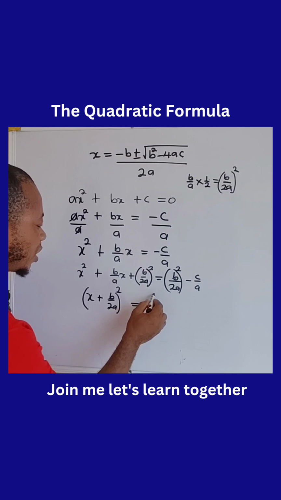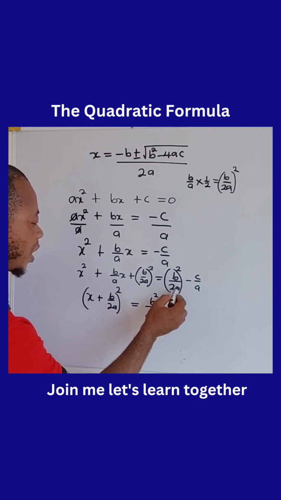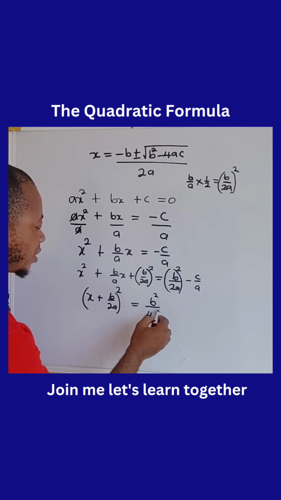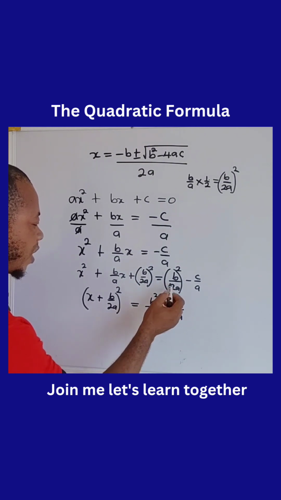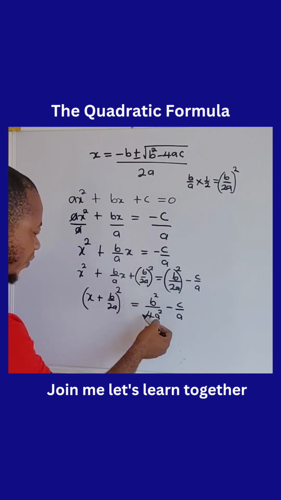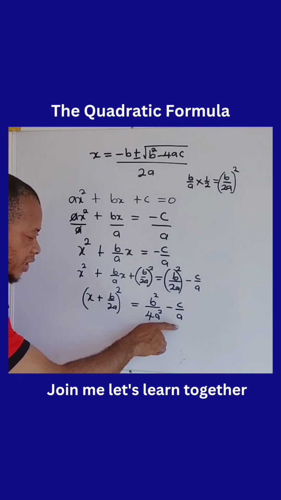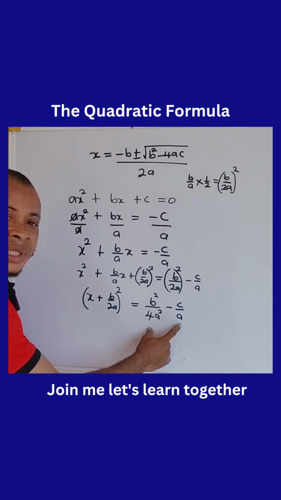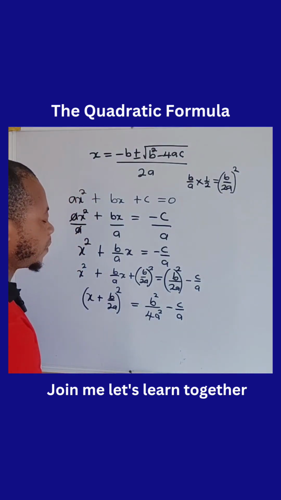So we have b squared, okay, over 2 squared is 4, and a squared is a squared, minus c over a. We have just opened the bracket by squaring everything inside the bracket. Then we have this. Okay, having obtained this, we can now simplify this fraction because this is a fraction, okay?